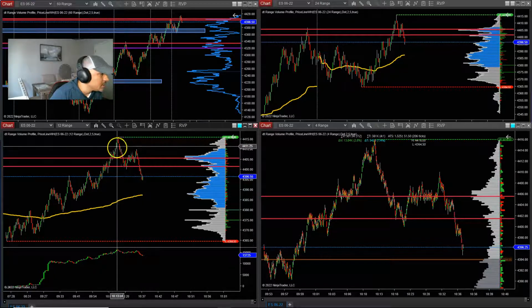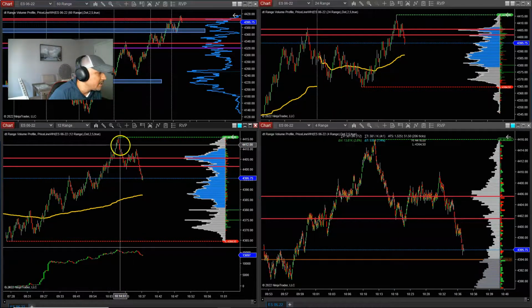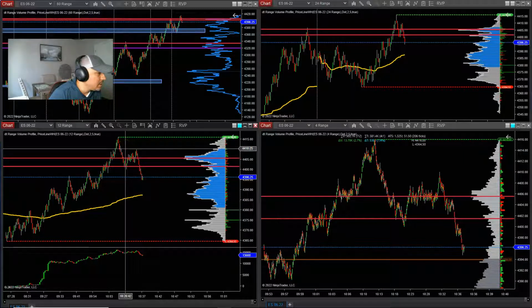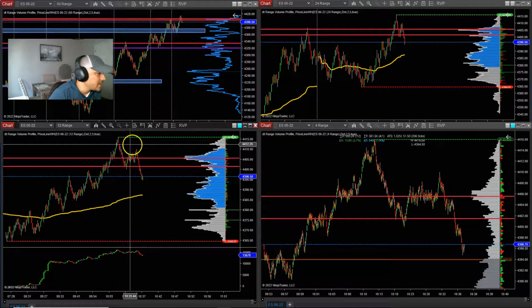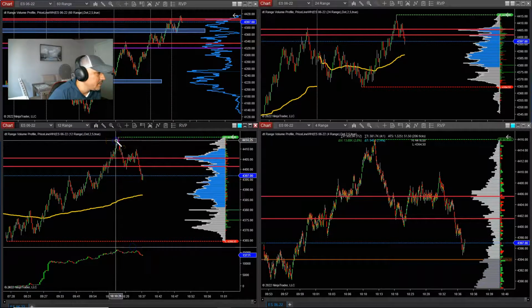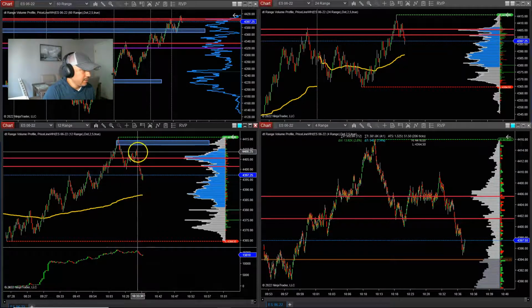There was supply sitting right here. I didn't jump into that. Price pulled back to this area right here. It didn't come back up to the complete area of supply. The area was right here. I'm gonna show you right here. It didn't tap into it, so I didn't get into that to go short any kind of way.